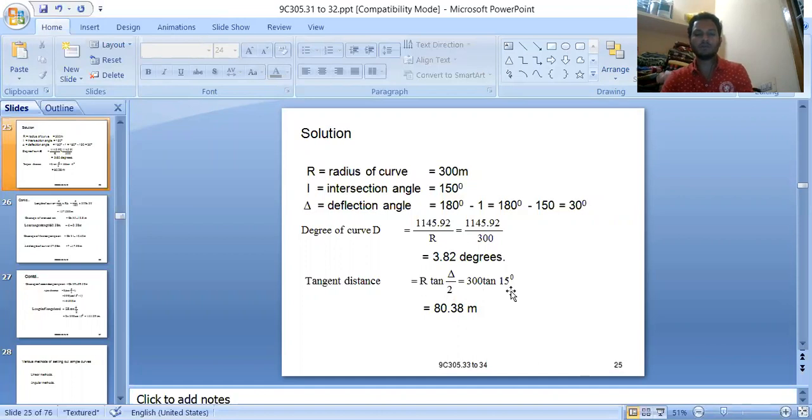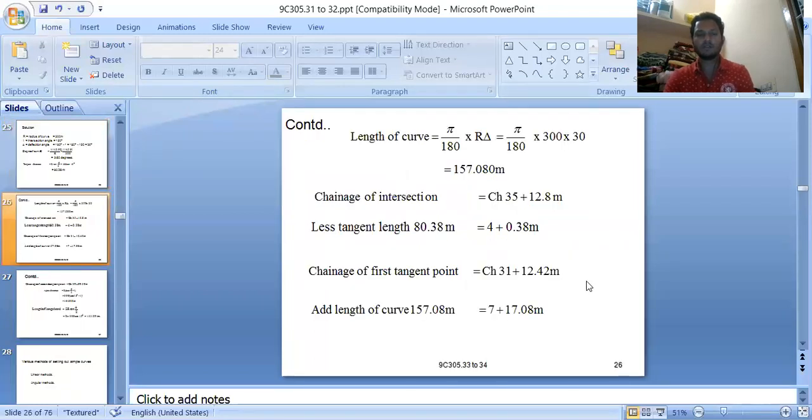Most people commit a mistake here: they directly substitute the intersection angle in place of delta. But delta is different from the intersection angle. Delta is the deflection angle, which is 30 degrees. So we will get tangent distance as 80.38 meters. Then length of the curve is R delta into pi by 180. We have already calculated the delta value, 30 degrees.